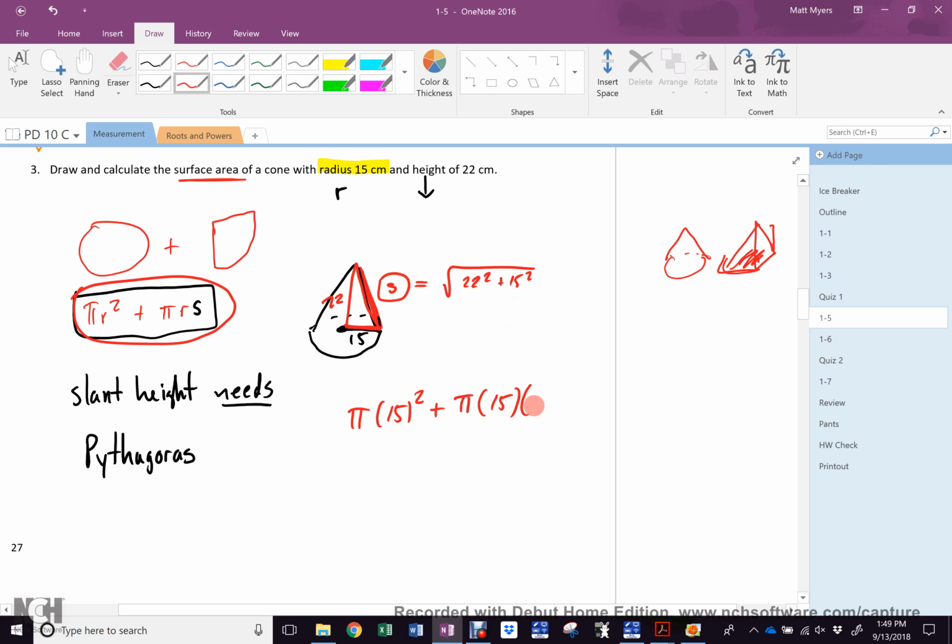And slant height, square root of 22 squared plus 15 squared. Is that the right answer? Yeah, that's cool. Can you tidy it up? Okay. 15 squared is 225 pi, right? And then the rest of this, I can't tidy that up unless I go to my calculator, can I?